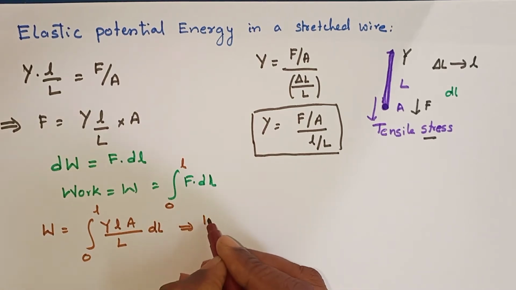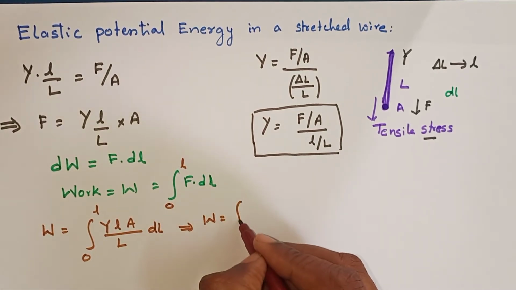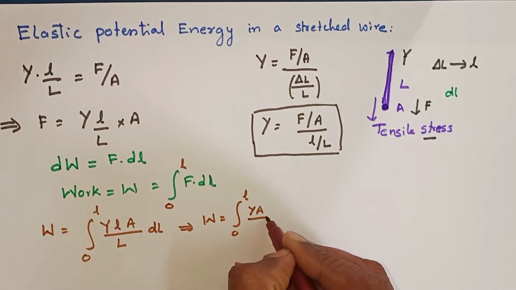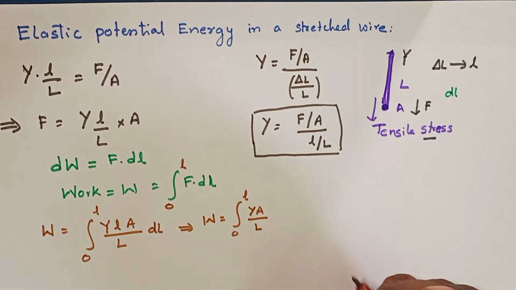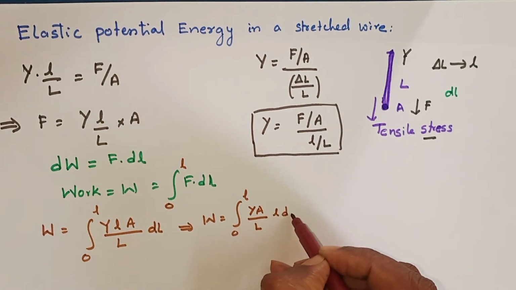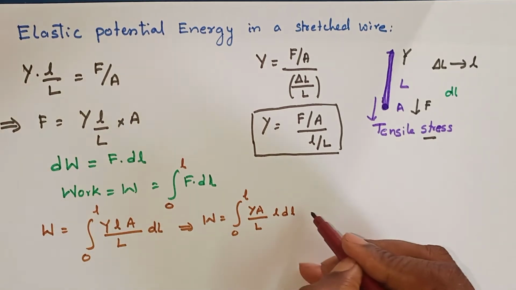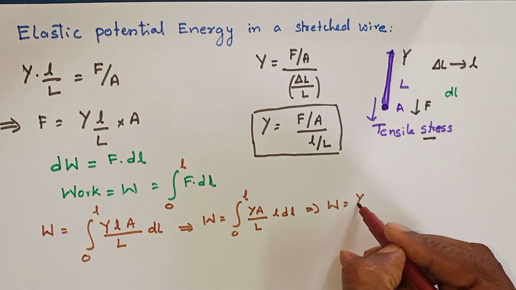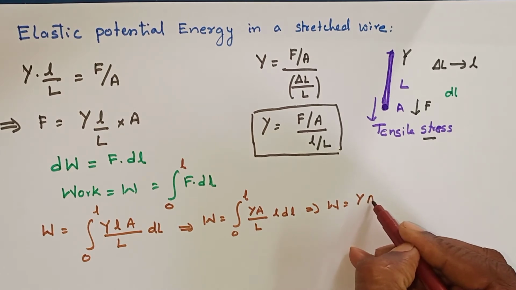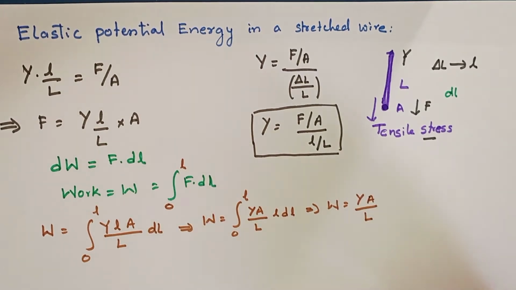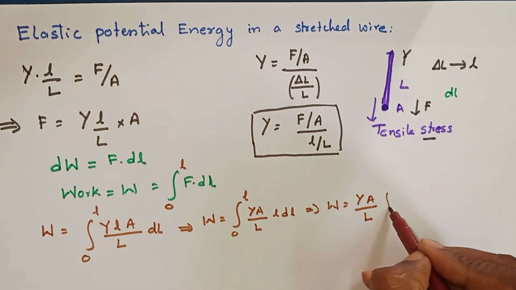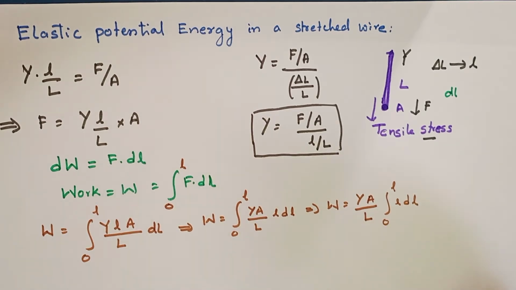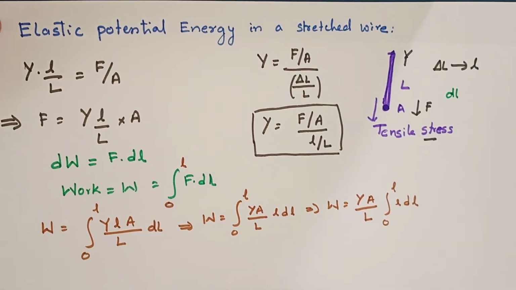So W is equal to the integral from 0 to l of Y A l by L dl. W, the work done, is equal to Y, which is a constant, A and L, the original length, and the integration from 0 to l of l dl, right?